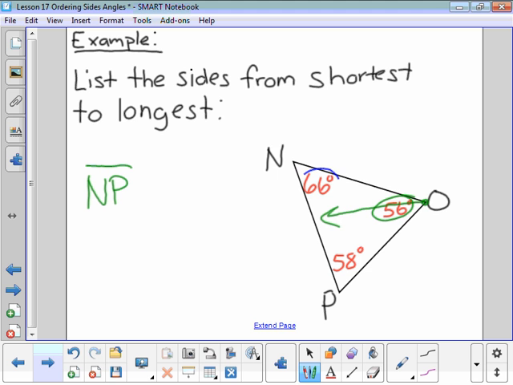My biggest angle is 66, that's angle N. Across from angle N is side PO, that's my longest side. And that leaves NO as the one in the middle.